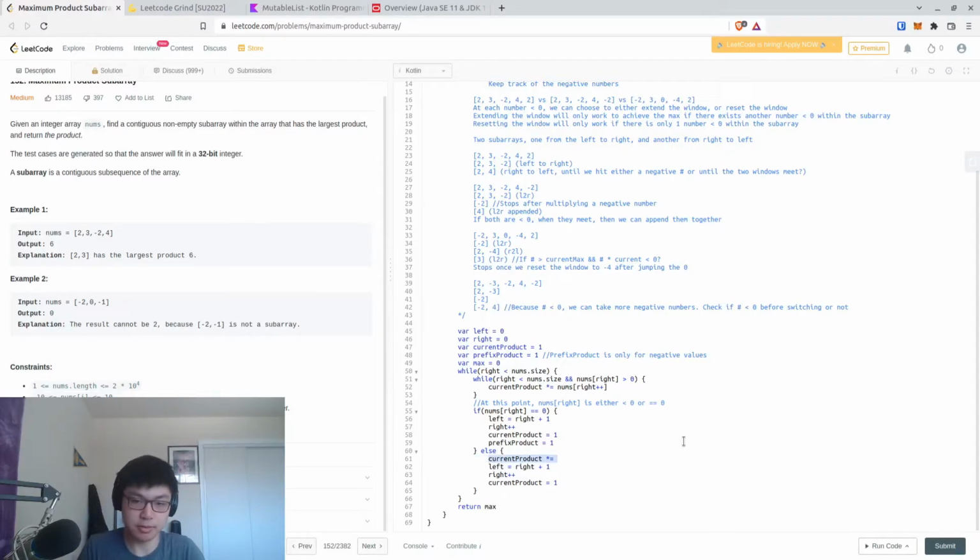No, current product is equal to current product times nums at right. Then we can say that if current product is greater than max, max is equal to current product.